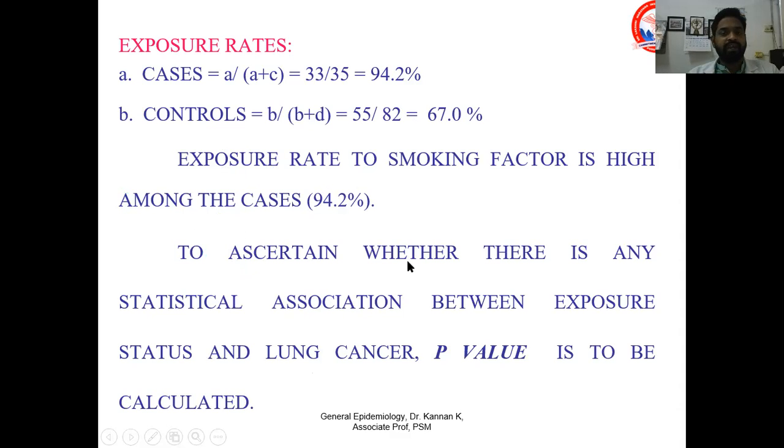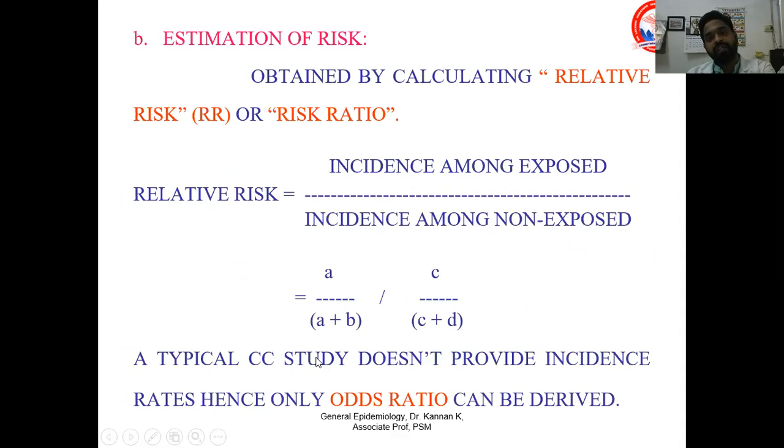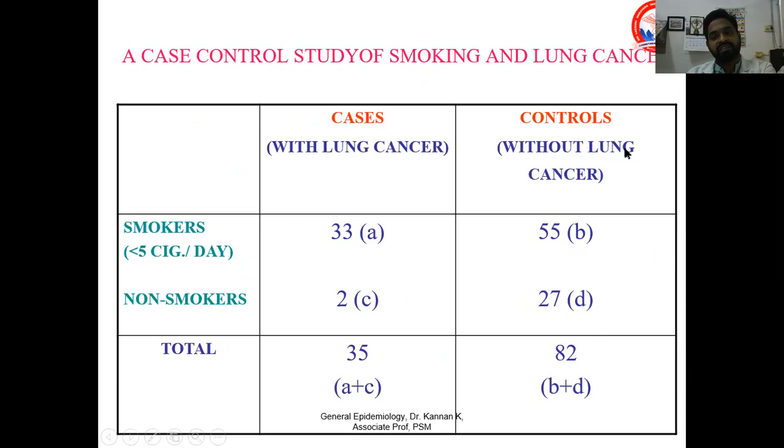If you want to find out the statistical association, we need to find the p-value. To get the p-value, we have many procedures. For categorical data, we can use chi-square. If it is continuous data, we can use other parametric and non-parametric tests, right?